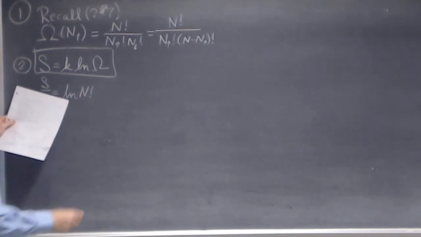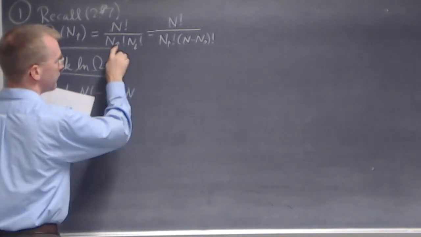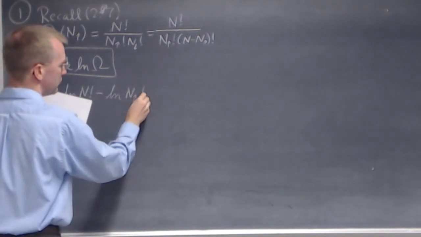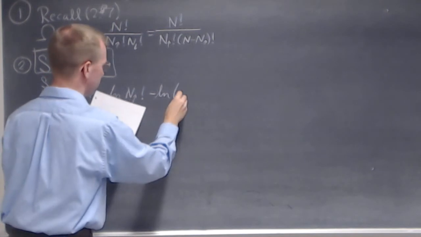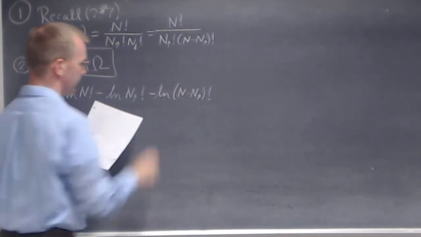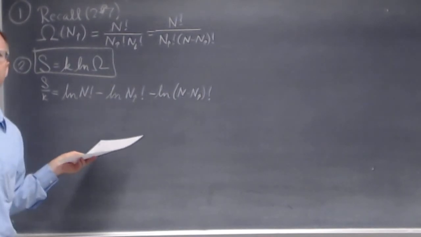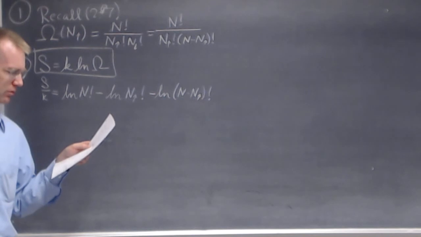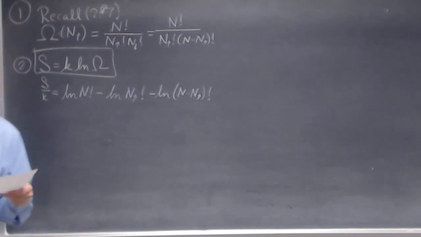So, natural log of n factorial minus log of n up factorial minus the log of n minus n up factorial. Did we already derive this, where we took Stirling's approximation? I don't recall if we've done that yet. Well, we're going to do it now then.